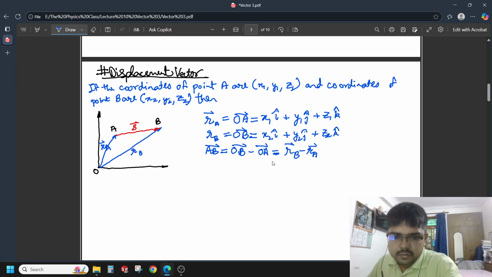That is equal to the S vector, that is, S vector is the displacement vector.